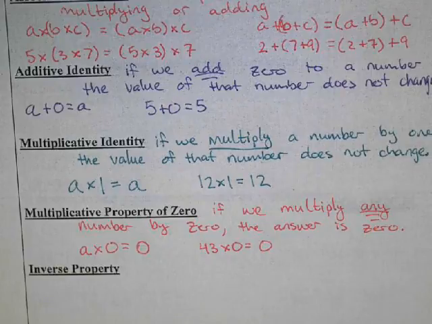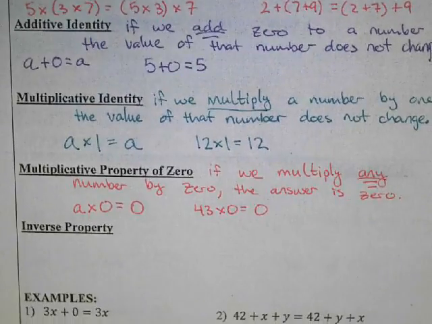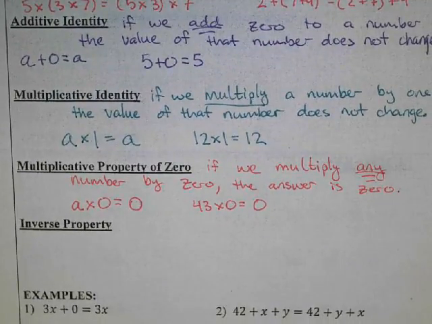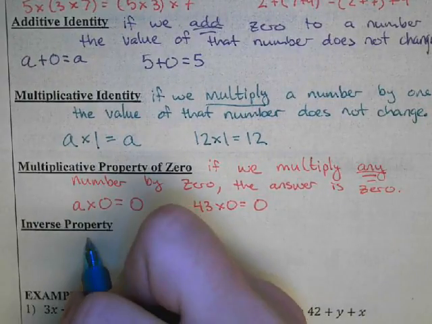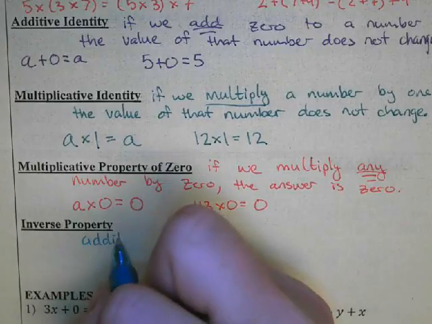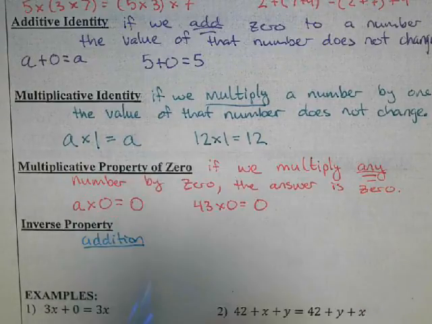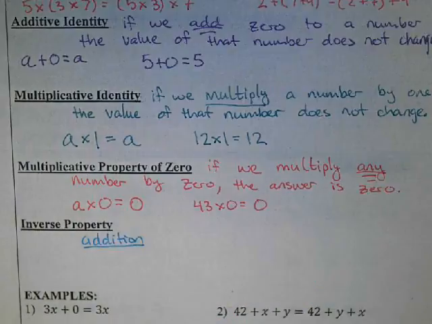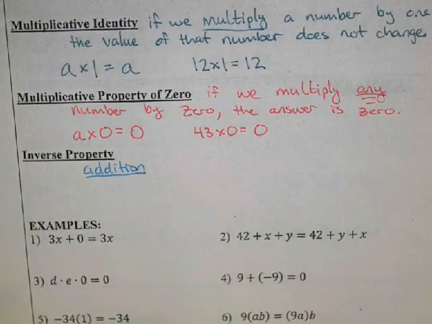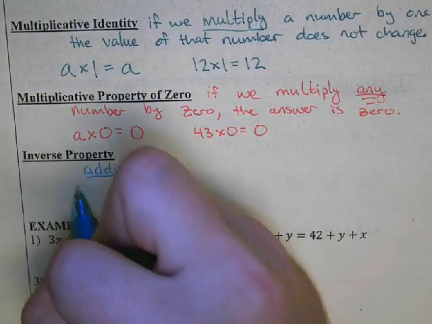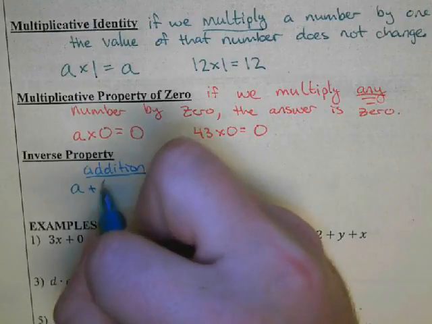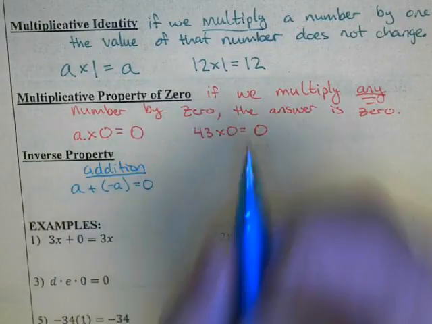So with the inverse property, we have two different inverse properties. We have the inverse property of addition and the inverse property of multiplication. So the inverse property of addition is where if I add the opposite to a number, so a plus negative a equals 0.